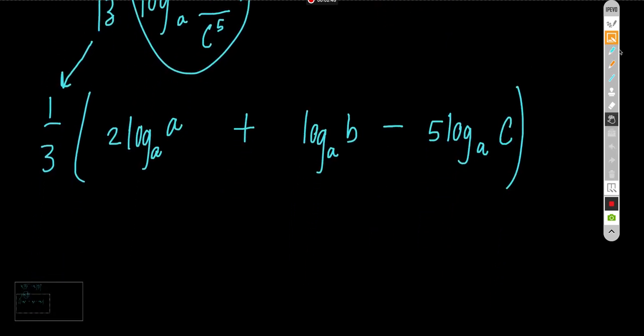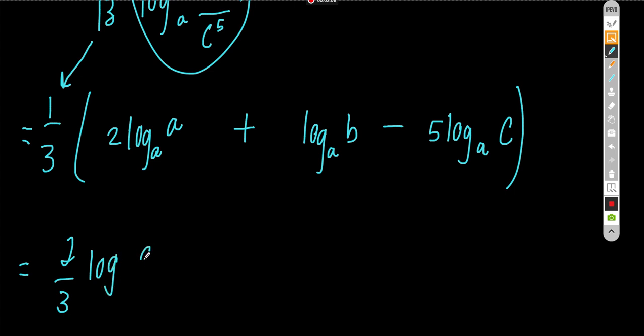So now all we have to do to finish this expansion is distribute that 1/3 to every single logarithm. And it's not that bad. When you say 1/3 times 2 logarithms of a base a, then it becomes 2/3 logarithms of a base a, plus 1/3 times the logarithm of b base a is 1/3 logarithms of b base a.